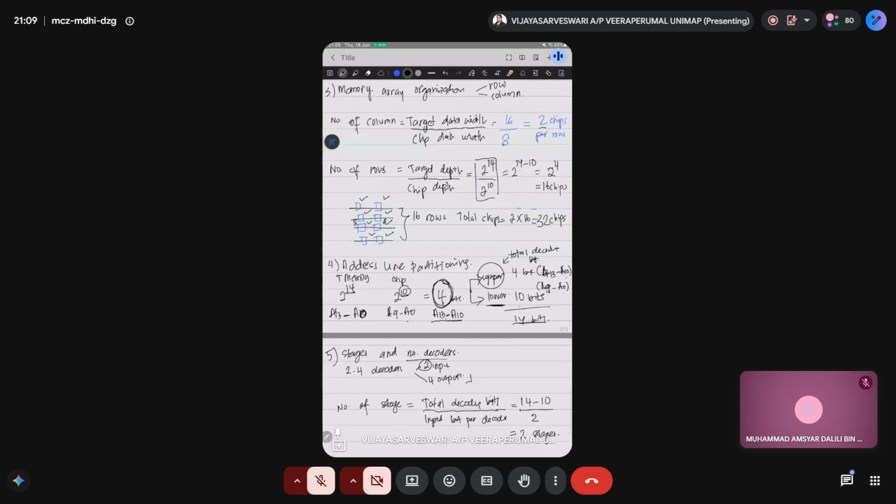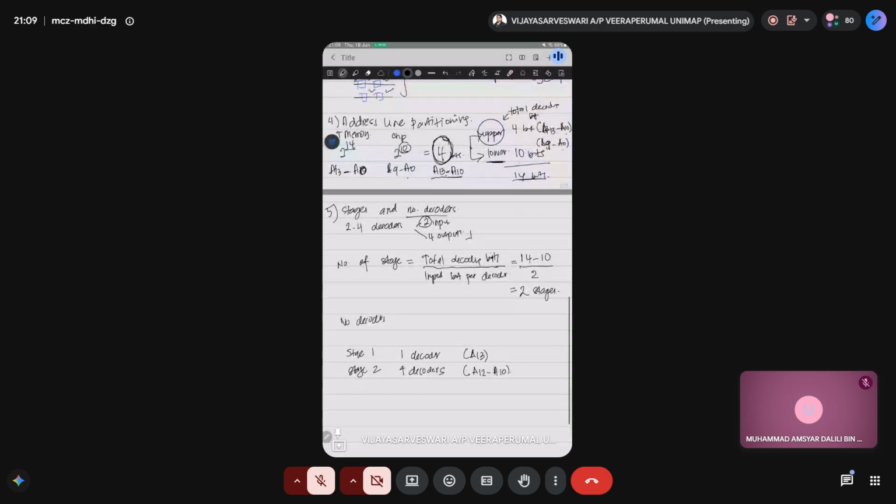So the first decoder, sorry, I forgot. Because our decoder input is 2, it will take A13 to A12. The next one will take A11 to A10, because our input is only 2: two inputs, and two bits of output selection. So the first takes A13 and A12, and the second decoder takes A11 and A10.